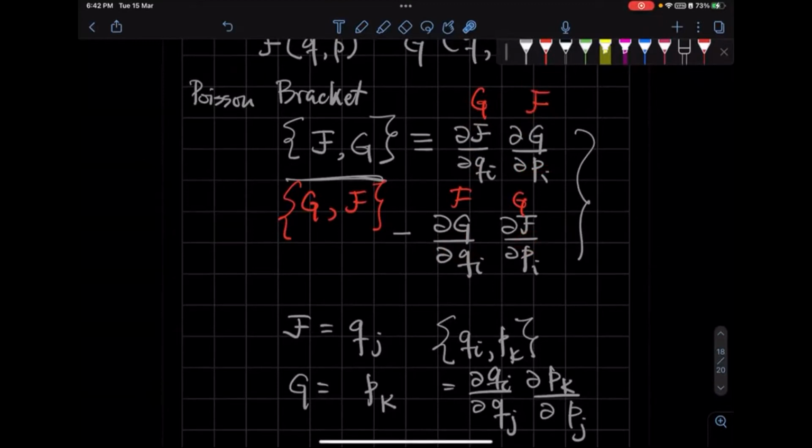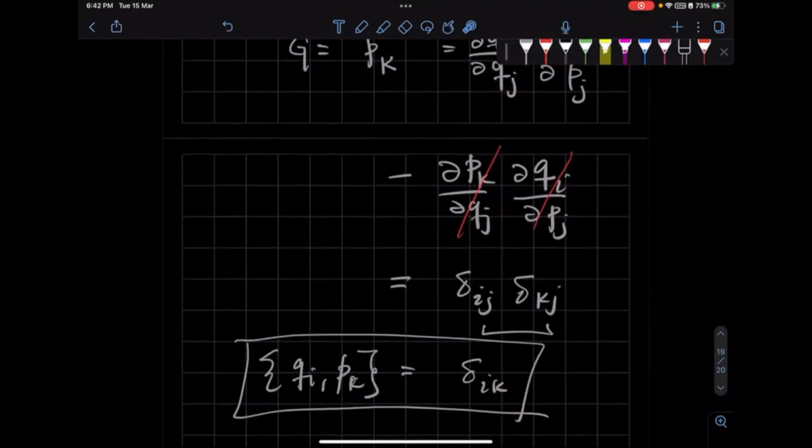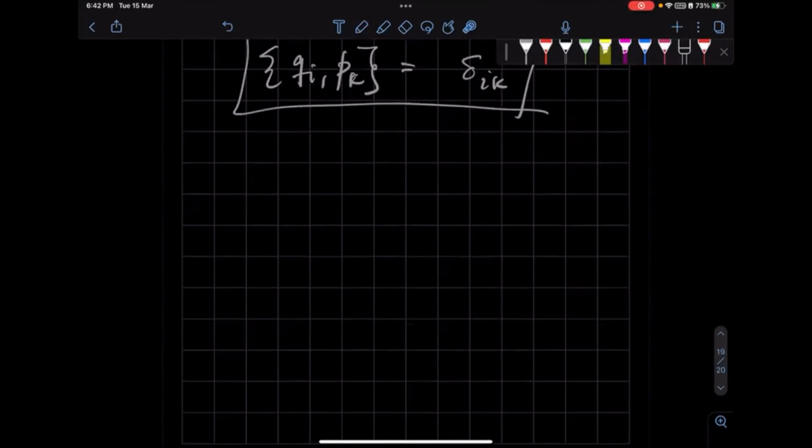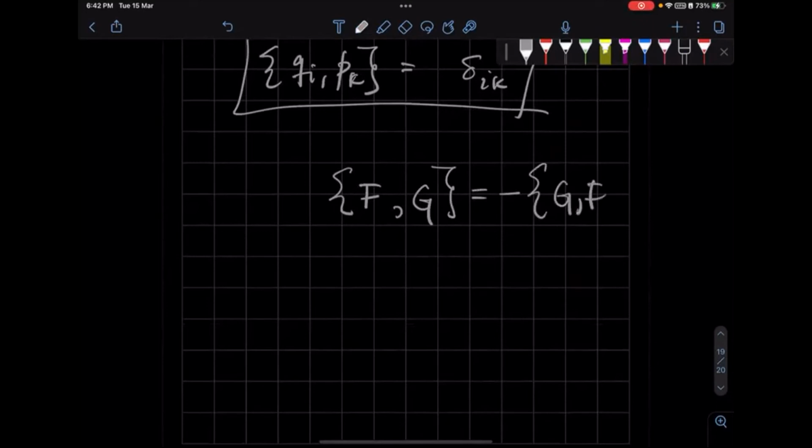So exchanging these two things gives me minus of whatever it was. So {f,g} is minus {g,f}. So it's a skew-symmetric product.